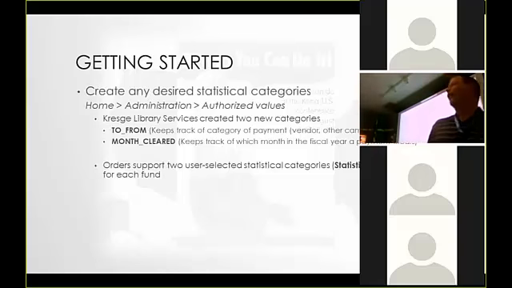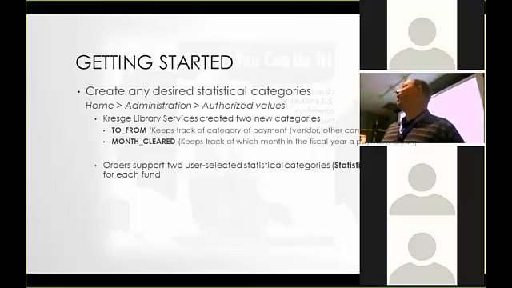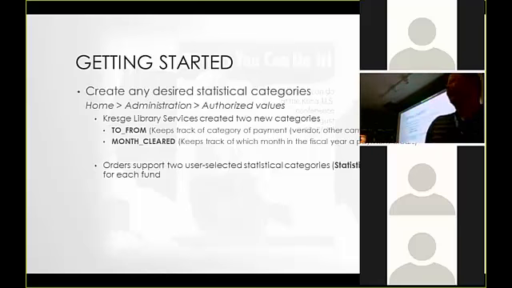Next, create any desired category. Now, to start to create funds, you have the option of assigning them categories, and you need to have those categories defined before you use the funds. KRESGE Library category. The university is very interested in knowing how much money flows not out of the university, but between its departments.